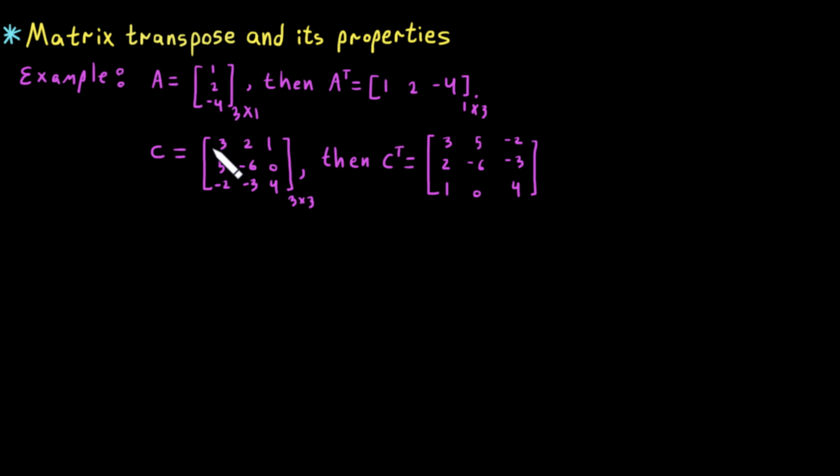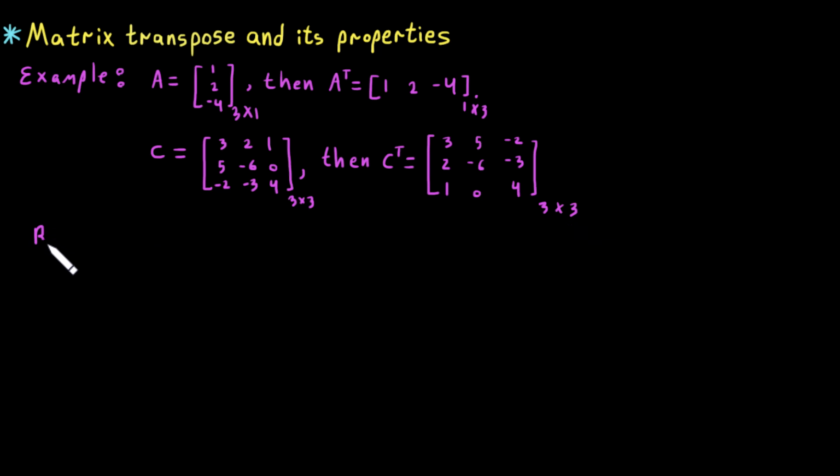As you wish, if you want to compute it as row, it will become column, or column will become row. So as you wish to compute the transpose, which is very easy, 3 by 3.